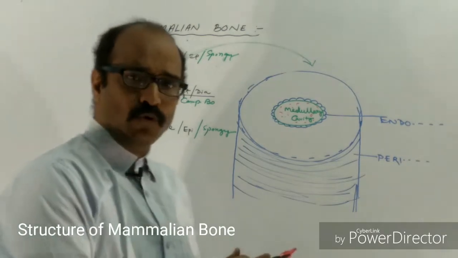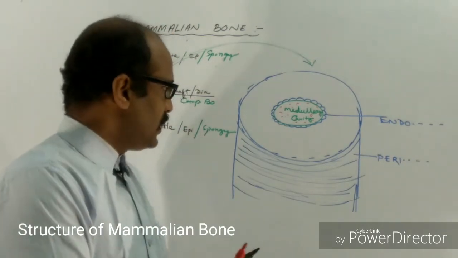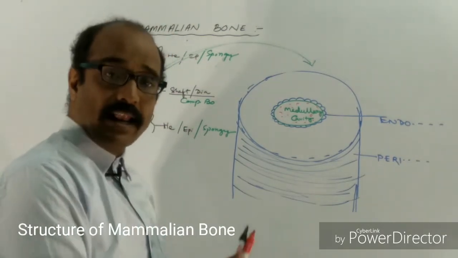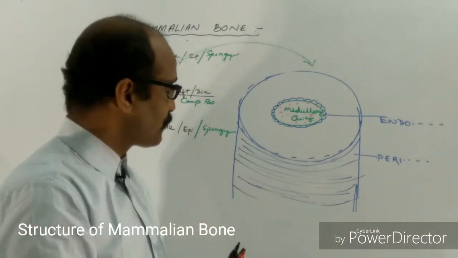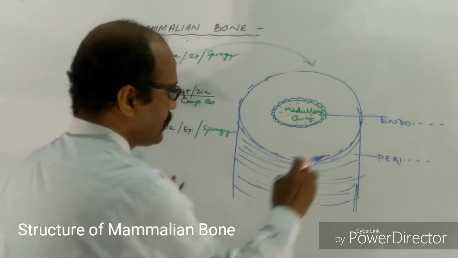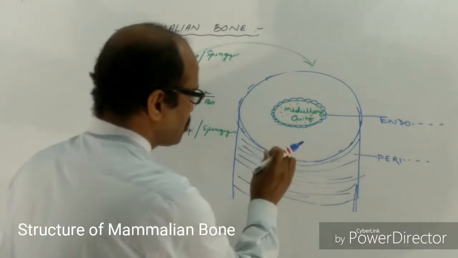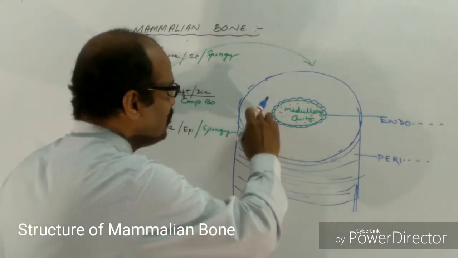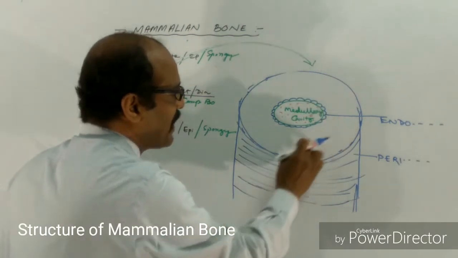The mammalian bones are thick and larger in size. That's why the bone cells are present in the deep region of the matrix.